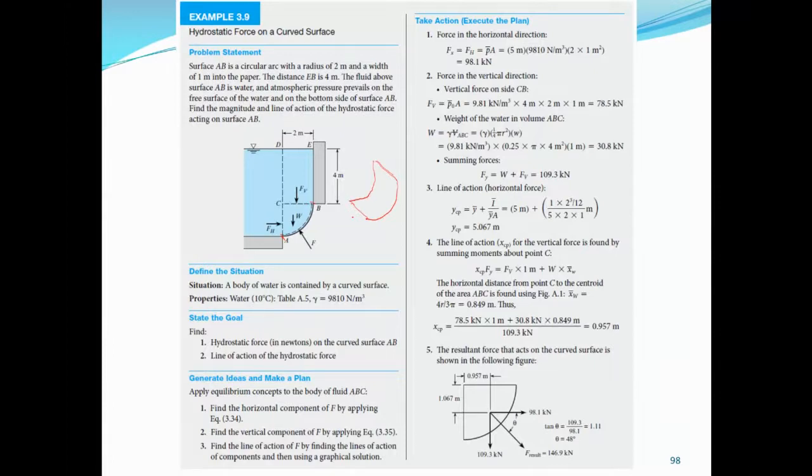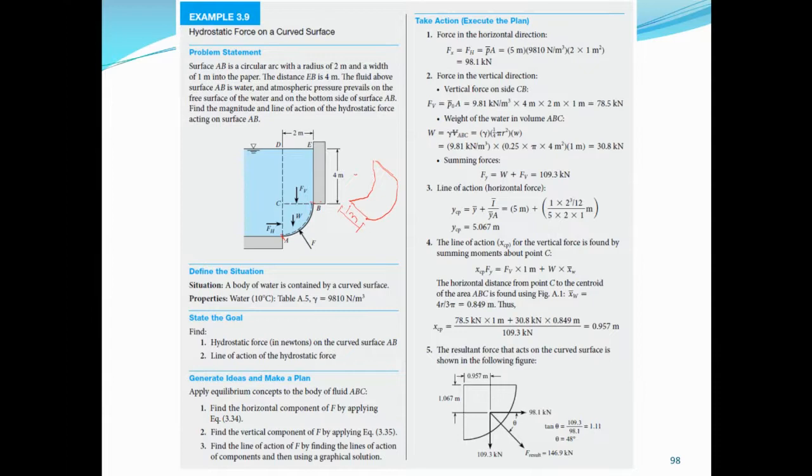This is the width, which is 1 meter, and the radius of the arc is 2 meters. Now the distance EB is 4 meters. This is the depth from the water surface to the top of the curved surface, which is 4 meters.